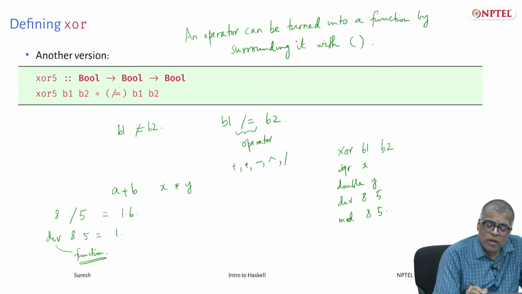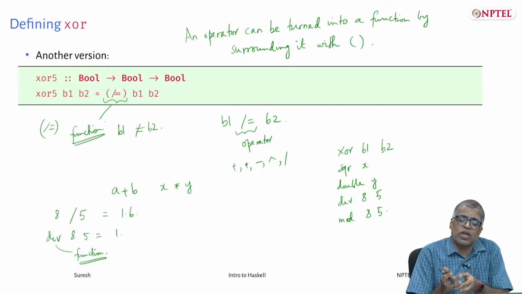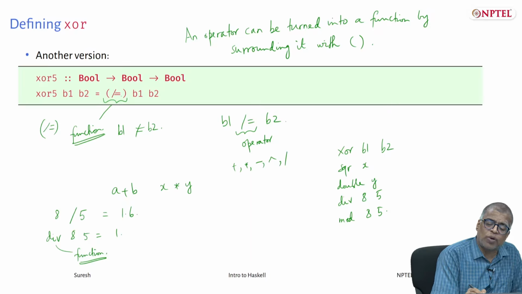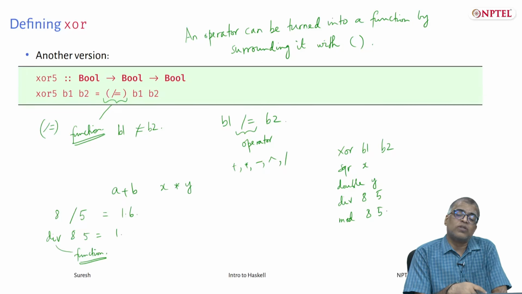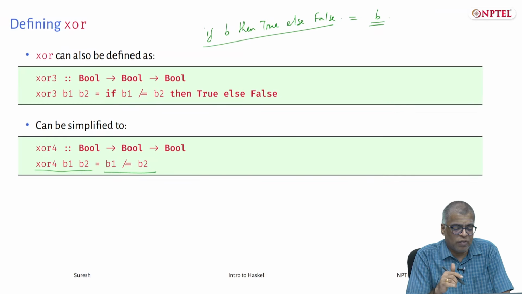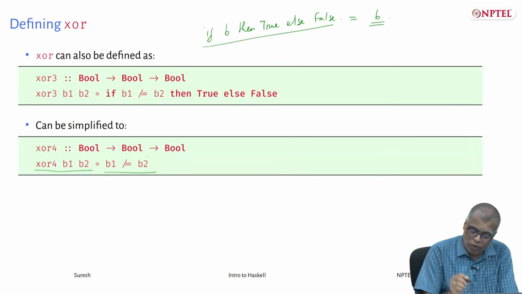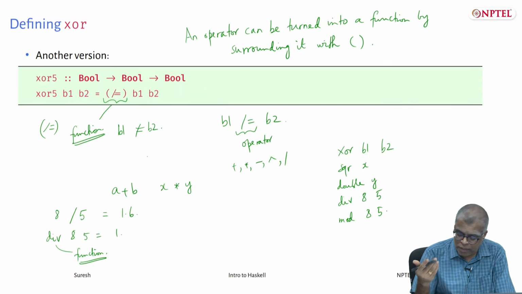So now this not equal to surrounded by parentheses is a function, and functions are always placed before the arguments. So you say not equal to within parentheses b1 b2. This is another way of expressing the XOR function. Earlier we expressed it as b1 not equal to b2, but now you are saying the not equal to function applied on b1 and b2.